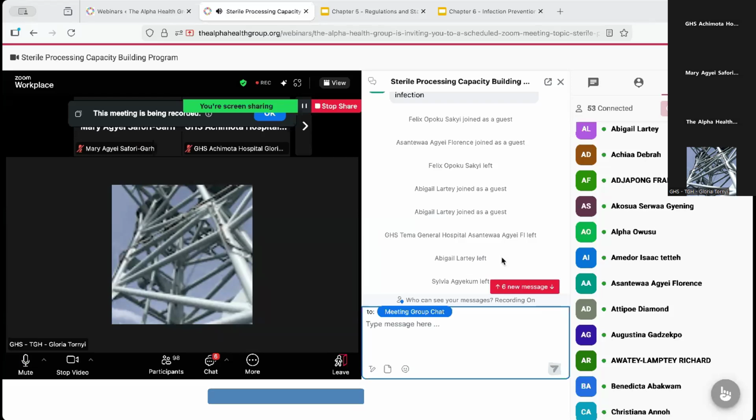After disinfecting, we further sterilize the instruments so that the microorganisms whose spread we couldn't stop during the disinfection, we stop them during the sterilization process. Thank you very much.